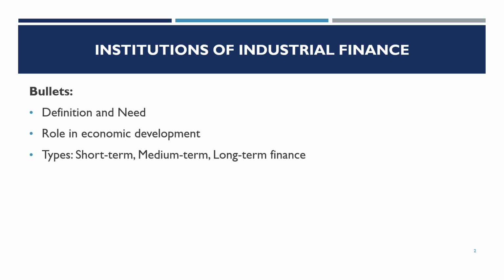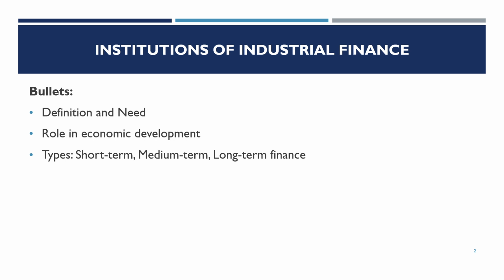First we will try to understand the definition. Industrial finance refers to funds provided to industries for their operations, expansions, and infrastructure. Those funds are what we refer to as industrial finance, and it is the backbone of industrial development.